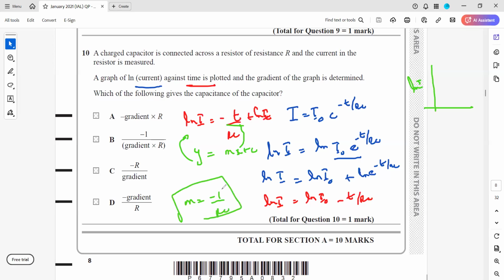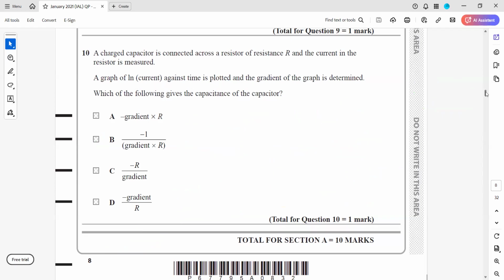And if I need the capacitance, the capacitance will be minus 1 over the gradient times R, because m is the gradient. So it matches option B. Is it clear, this one? So these are some questions related to Unit 4.